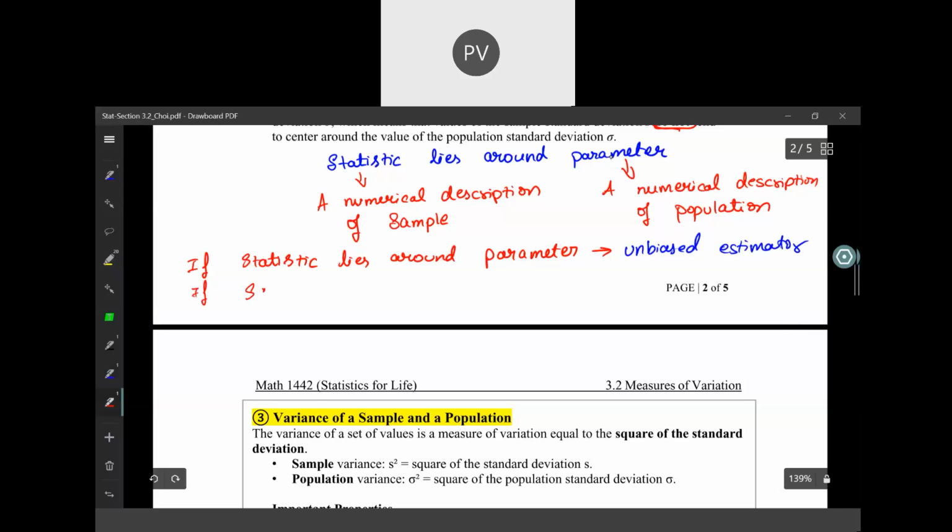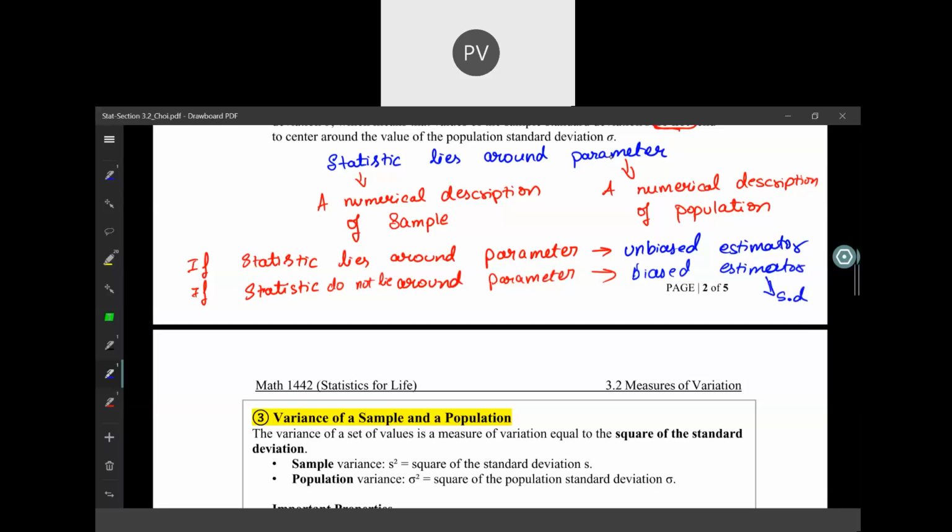And if a statistic does not lie around the parameter, then we call it a biased estimator. So in this case, standard deviation is a biased estimator, and variance, which we will be studying, is an unbiased estimator.